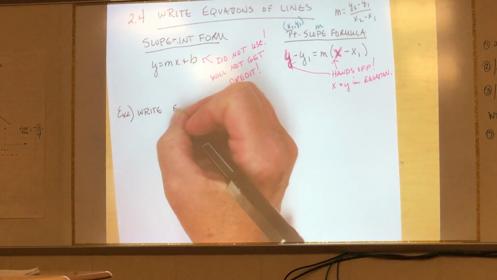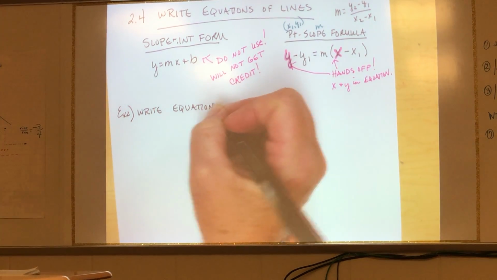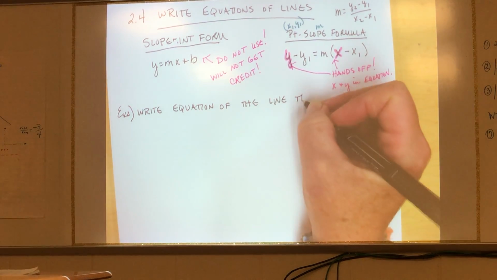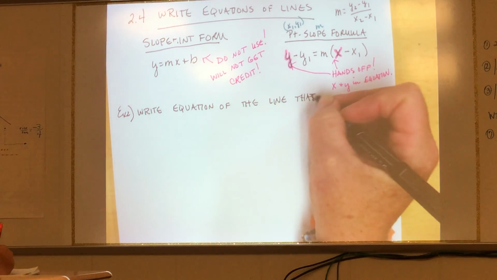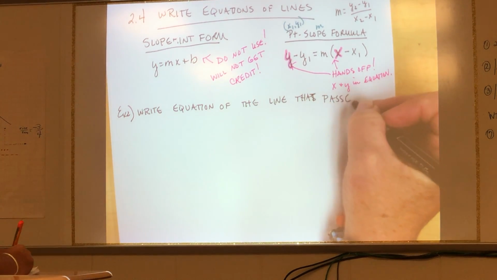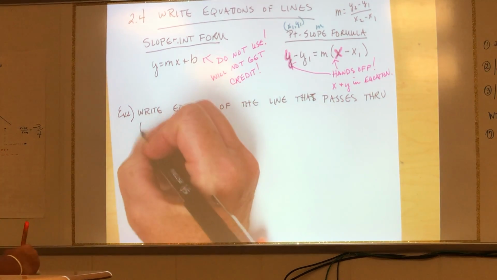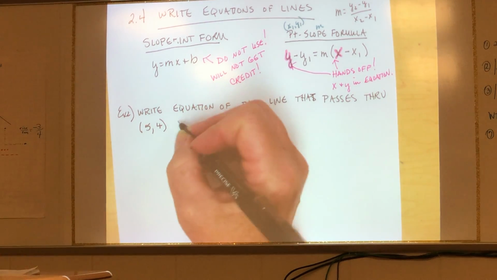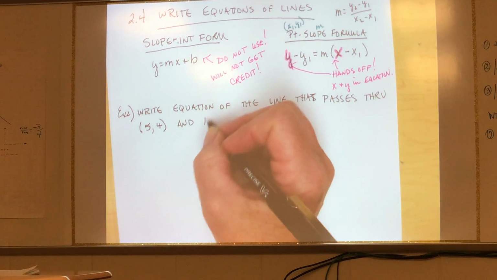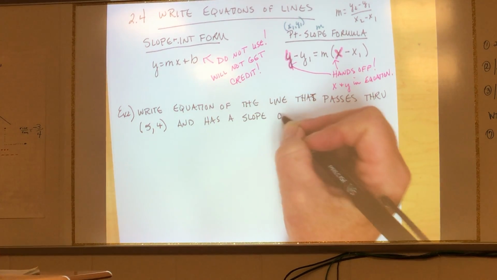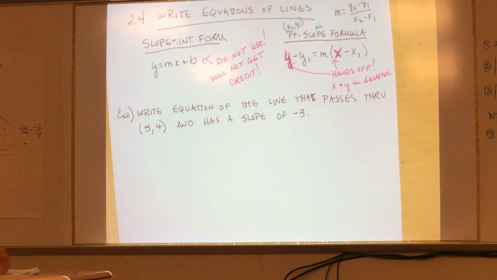Write the equation of the line that passes through (5, 4) and has a slope of -3. Okay? Write the equation of the line that passes through (5, 4) and has a slope of -3.